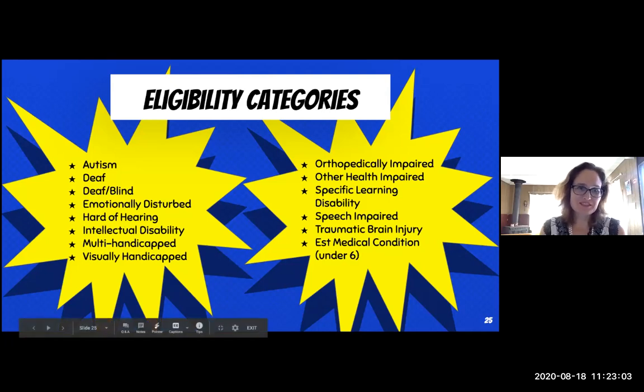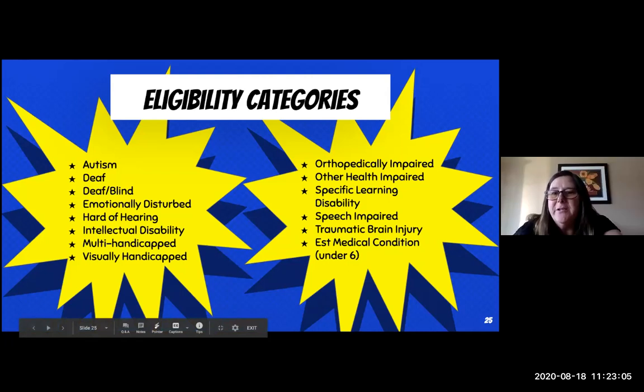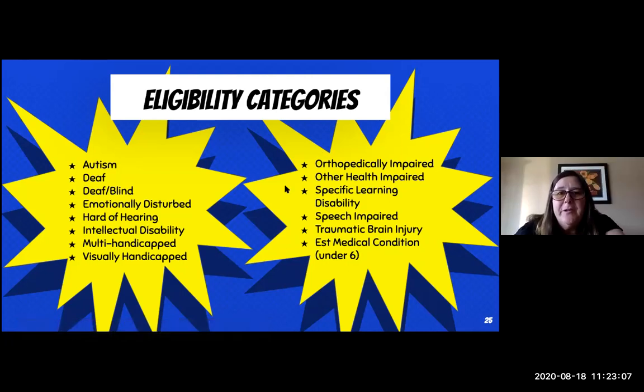Thank you so much. Can I just interject as well that when you're considering eligibility categories, while you can take into consideration a medical diagnosis, for example, autism, that does not necessarily guarantee that because that child has a medical diagnosis, they will automatically qualify for special education services.